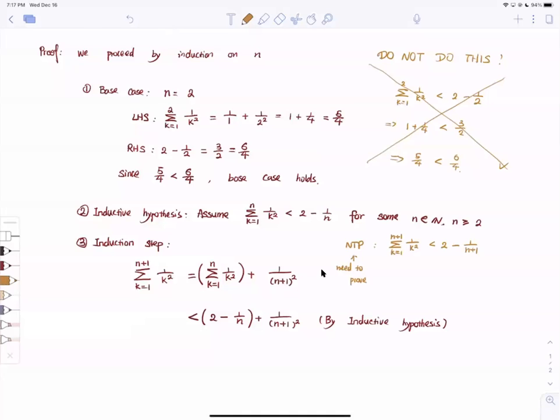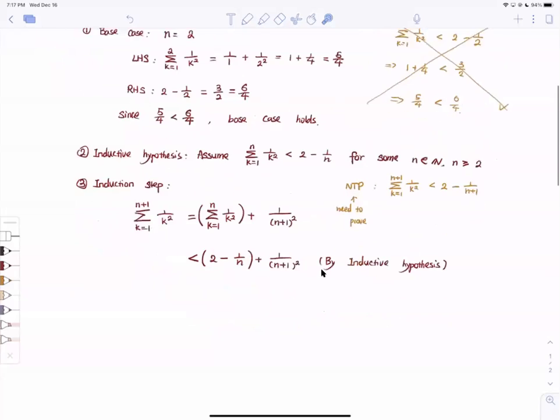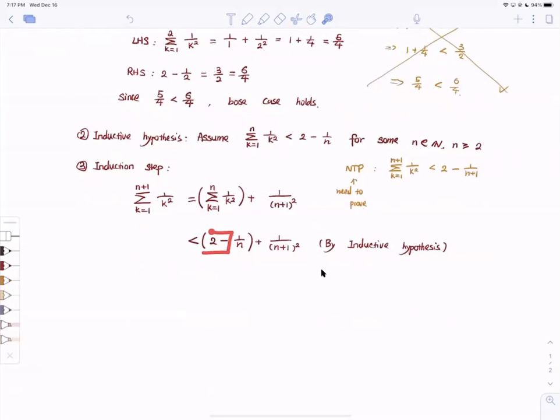Keep in mind this is what we need to prove. We are not close yet. Well, we have 2 minus, but this and this, they are not the same. We want to do something such that this and this are the same thing. Now you can tell that they're definitely not equal.